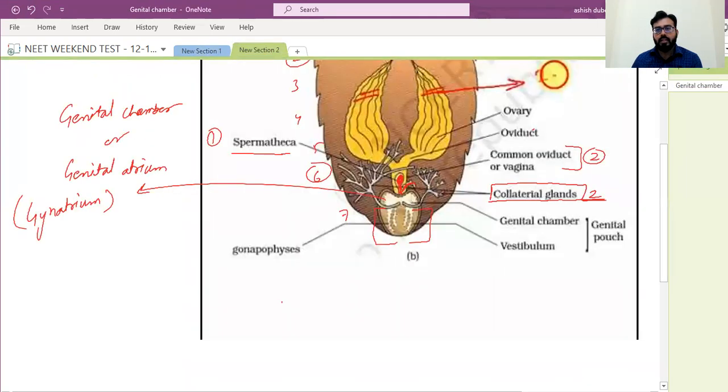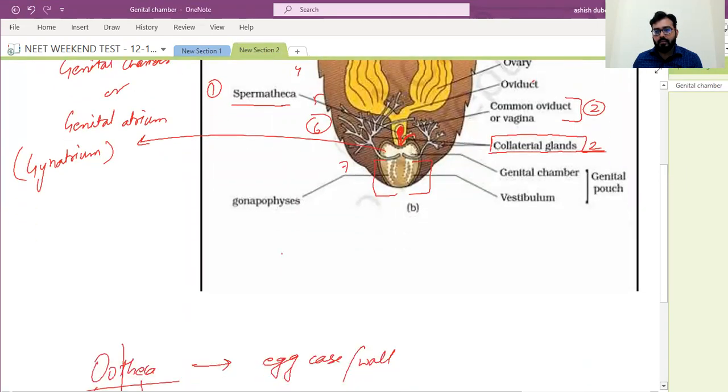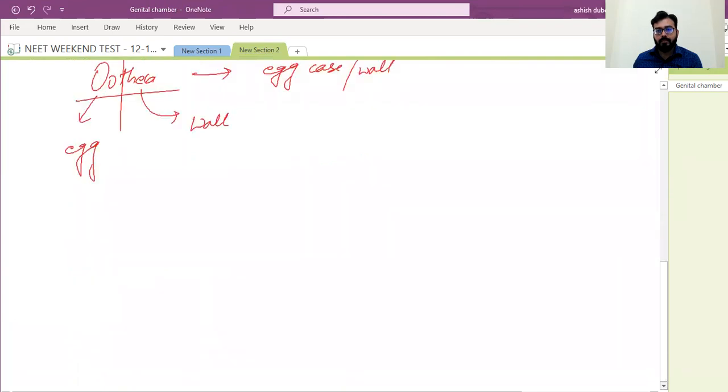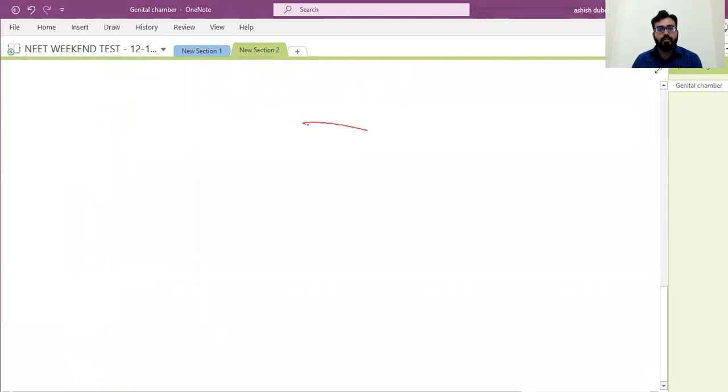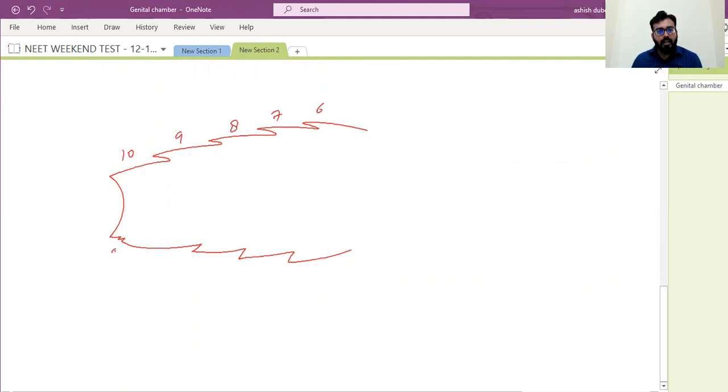And you can see this in the diagram. It is the 10th tergum, then 9th, 8th, 7th, 6th, while here the 9th, 8th, and 7th are fused to form one complete sternite.